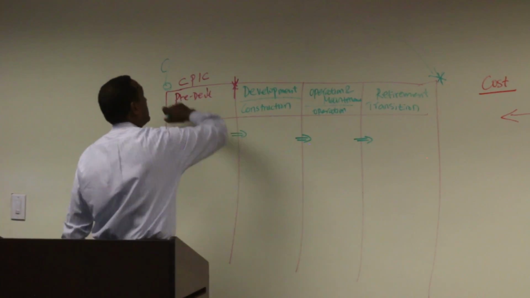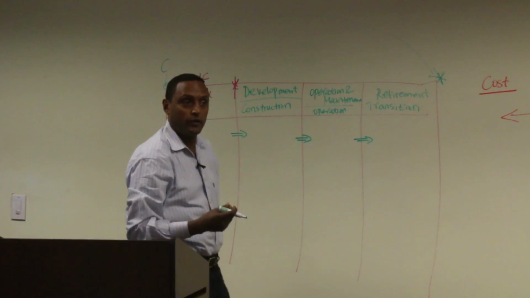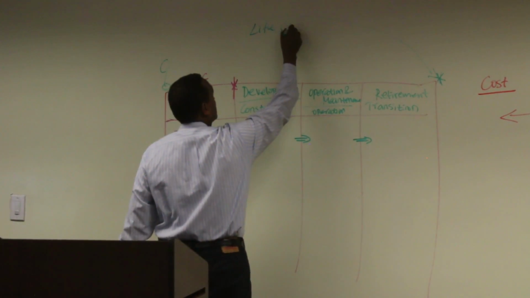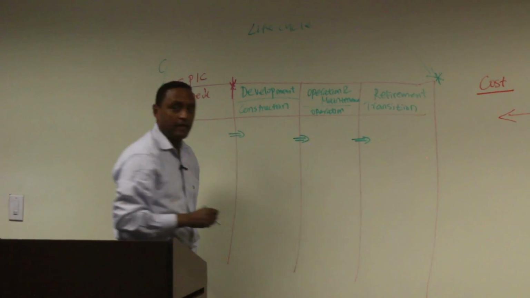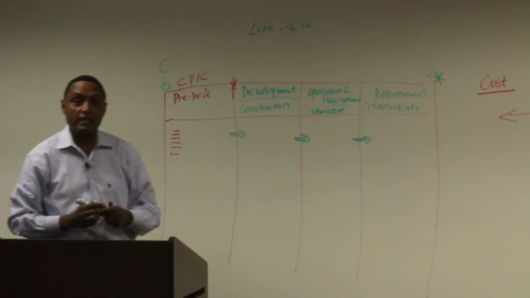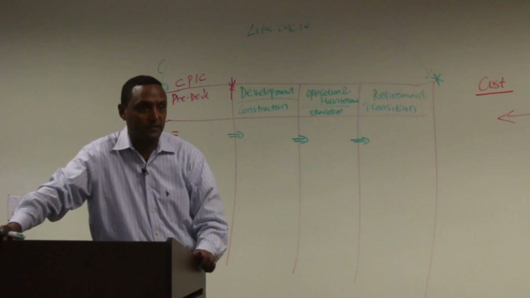The whole area from the beginning to the end, what do you call it? It's a life cycle. This life cycle could take 10 years or 100 years, depending on the project.